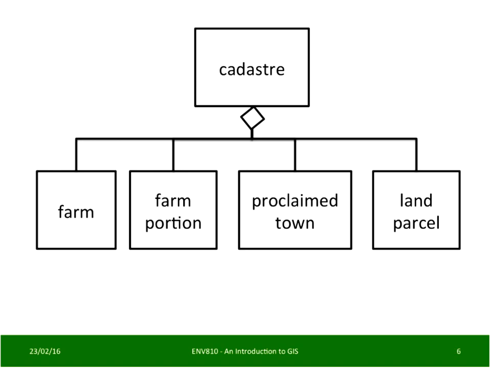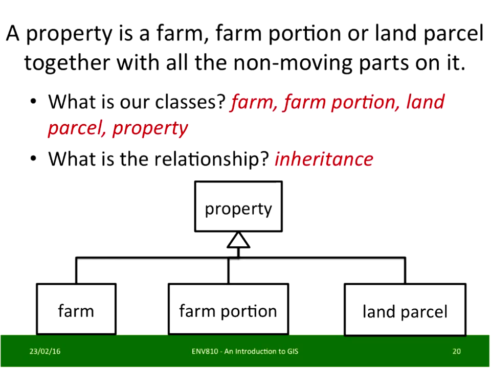Now we still use all these elements, or at least most of them, and we say that a property is a farm portion or a land parcel. We did not include a proclaimed town because a town is larger than a specific property.